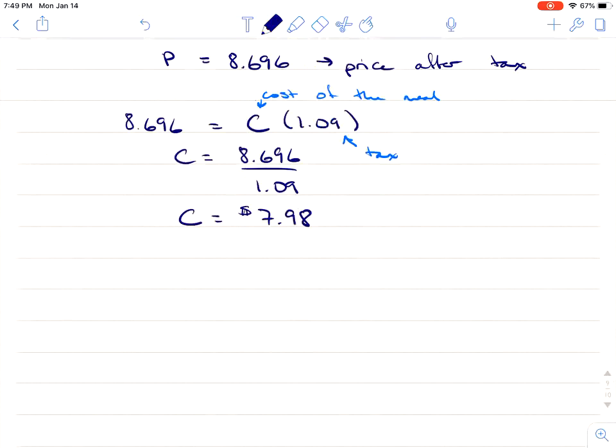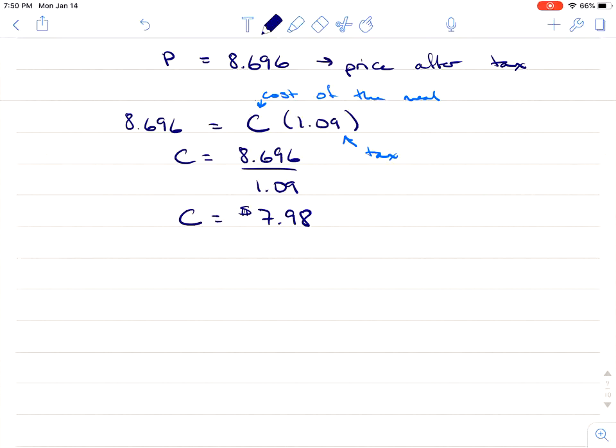So C is $7.98. Right, so the cost to the restaurant, really what they're saying is, we'll sell you this meal for $7.98, but we've already added on the taxes and the tip to make it look better for you. But then you have to pay $10. Right? So these are the same.